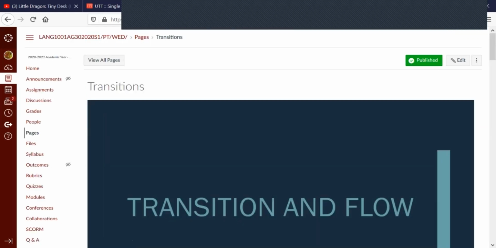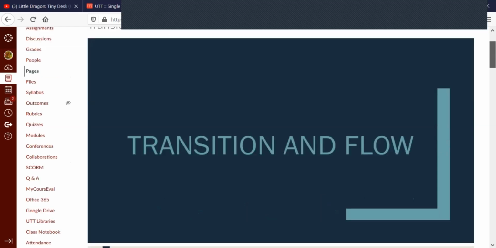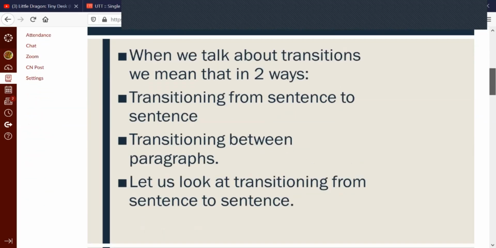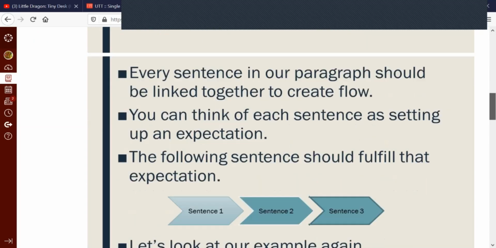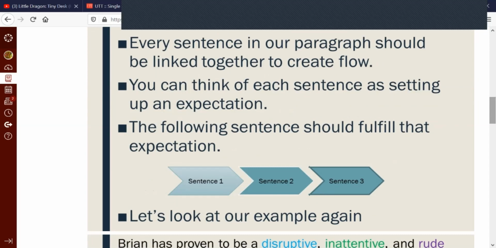And then we hang the paragraph all together by using transitions. So we're looking specifically right now at transitioning from sentence to sentence. And I want you to think of every sentence having an embedded expectation in it.